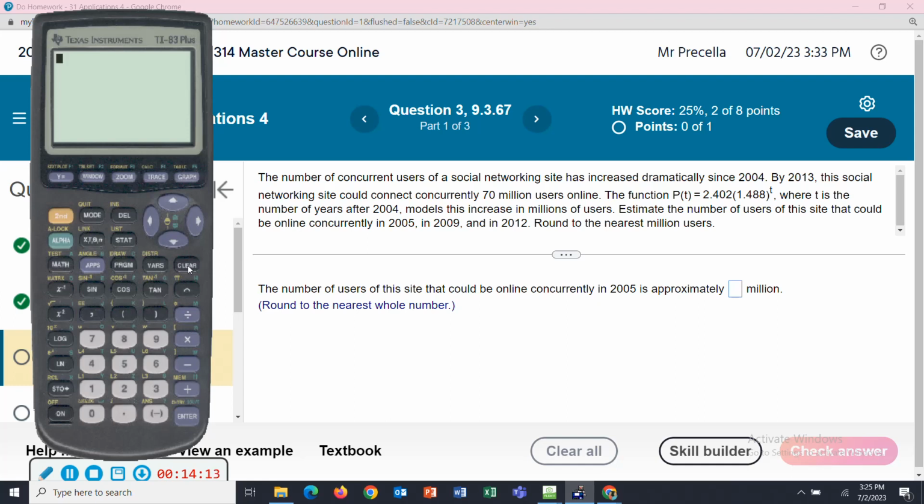Estimate the number of users of this site that could be online concurrently in 2005, 2009, 2012, and it says round to the nearest million users. Down here, you'll notice round to the nearest whole number. Let me make a note of that. Round to whole number.